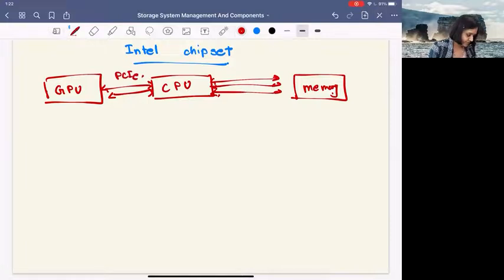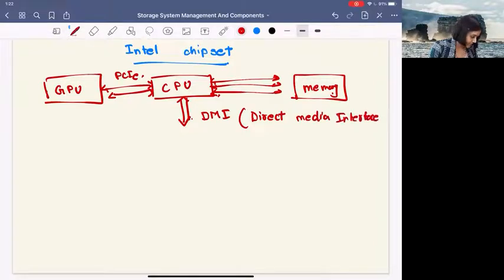And one of Intel's proprietary things that made a big difference in the performance of this new architecture, or why Intel chips were such a success in the market, is Intel's proprietary DMI, which stands for Direct Media Interface.